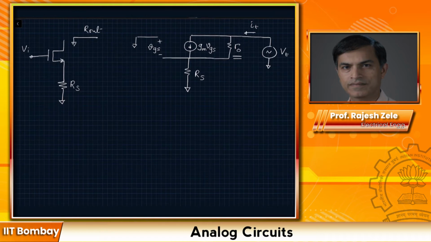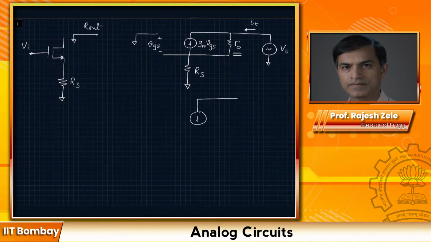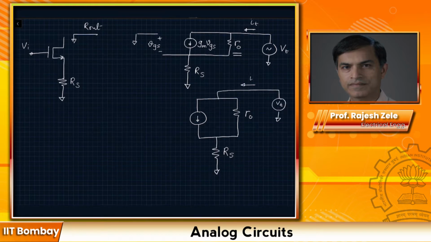We will redraw this again to simplify. What will happen here, just like the bipolar example, is that the sign of the current source will flip and the sign of the voltage source will flip, and that will make our life easier. Since I am noting the source voltage as Vs, the current source will flip its sign.